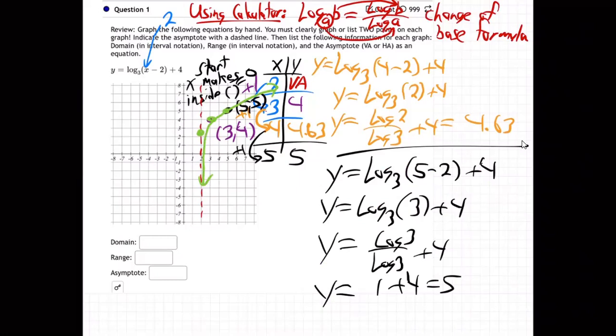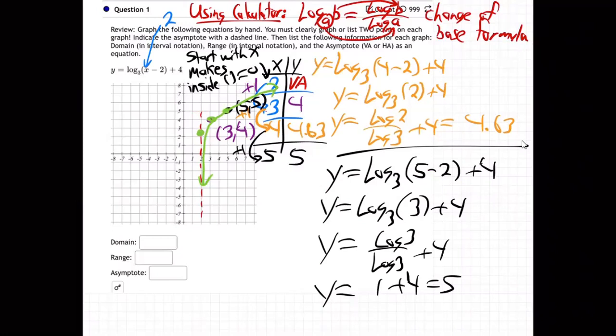So notice what I did. I started by plugging in an x value that makes the inside of the parentheses 0. That's very important. That's the most important thing. Start with an x that makes the inside of the parentheses equal 0.